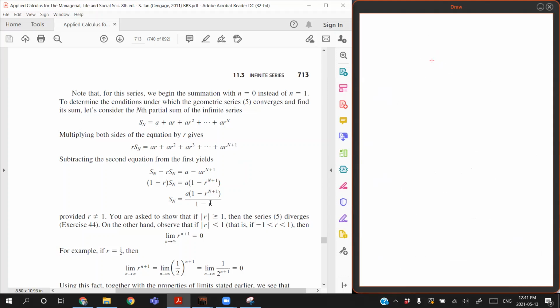And we figured out the formula is, so for the series r to the power of n from 0 to infinity, Sn, which is the general term for the sequence of partial sums, is a times 1 minus r to the power of n plus 1 over 1 minus r.